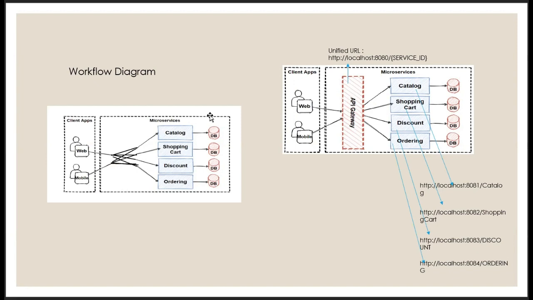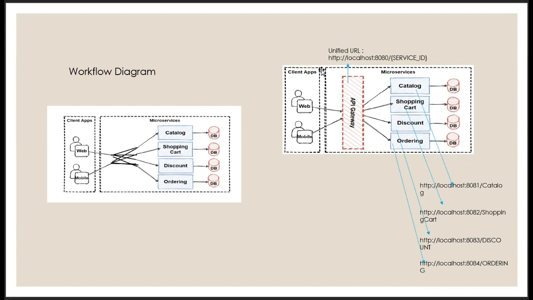To resolve this, we implement an API gateway. The API gateway provides a unified URL where you can provide the same host and the same port in all the requests, and the API gateway will do the service routing and get the appropriate resource.